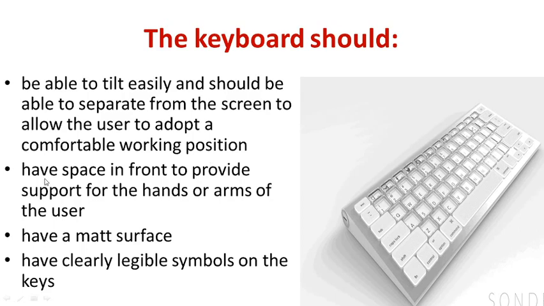Second point states have a space in front to provide support for the hands or arms of the user, which indicates proper space should be provided to maintain ergonomics, thereby improving the work efficiency.